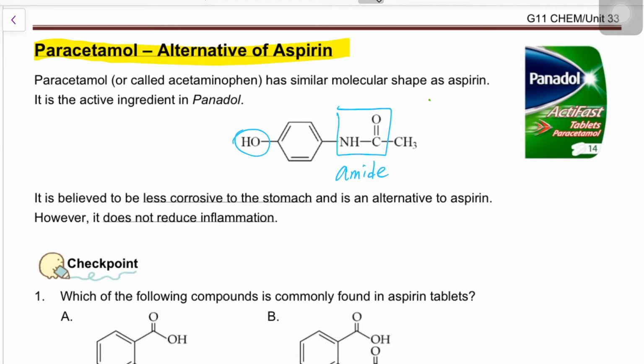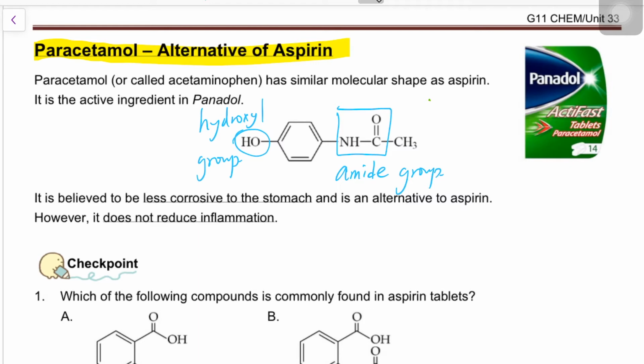This is a hydroxyl group and an amide group. Again, you need not draw the structure of paracetamol to me, but you are requested to write down the functional groups it contains for a given molecule in the examination.